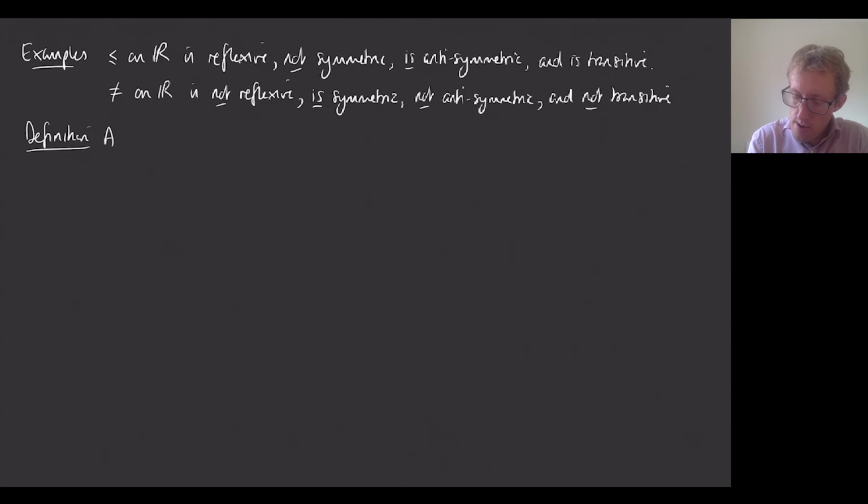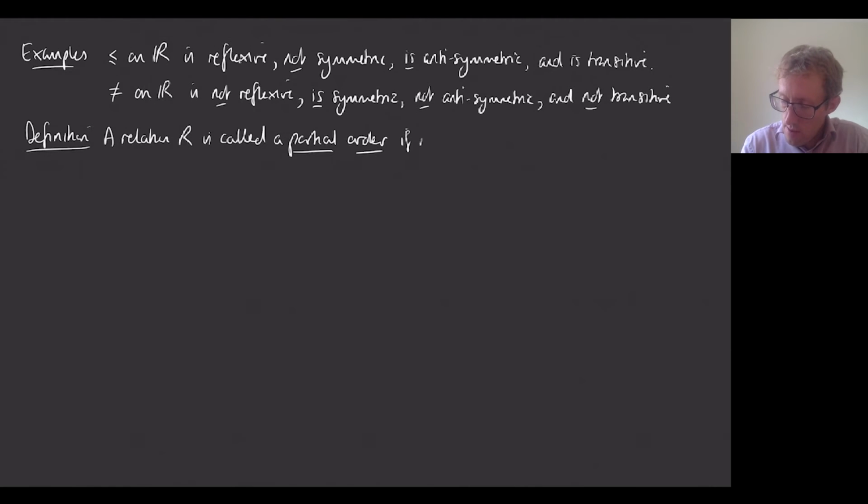A relation R is called a partial order if it is reflexive, anti-symmetric, and transitive.